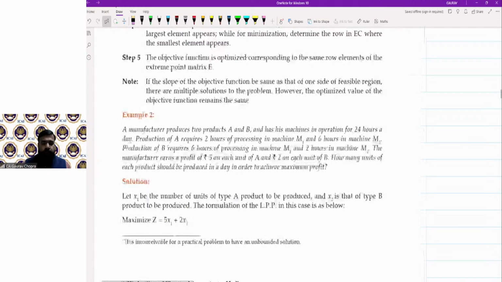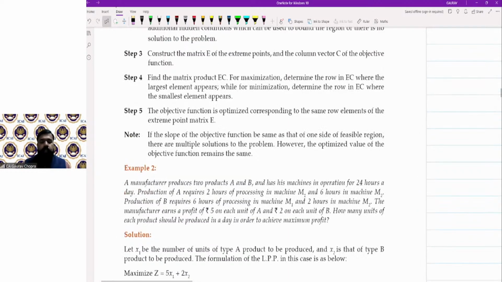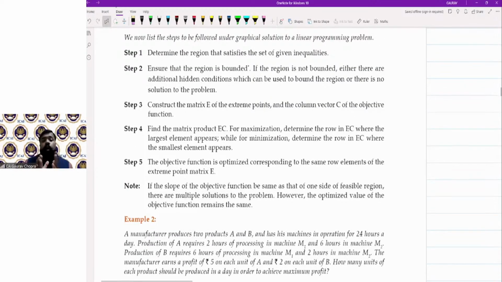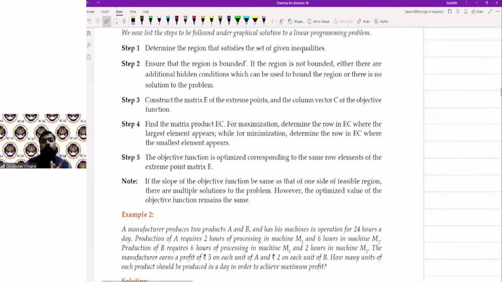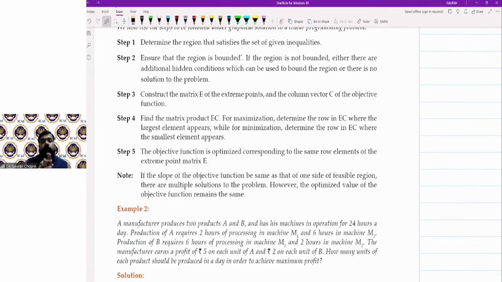So what is the objective function? An objective function means an objective, like if we are forming a company, then that company has a goal, an objective. Like if we are running a manufacturing company, what is our goal? To have profit maximization, earning as much profit as possible, or sales maximization, making as many sales as possible. So all these can be our objective.